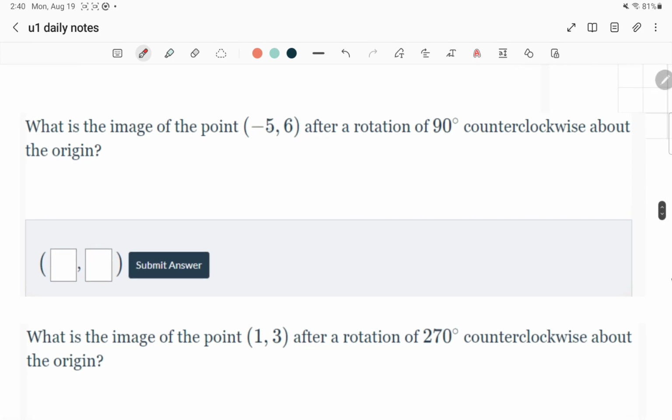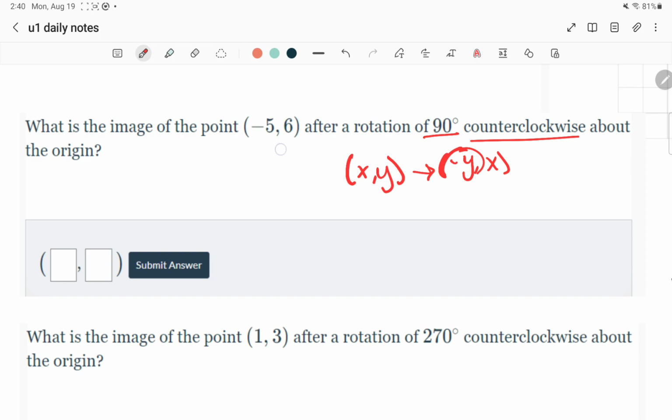So I'm being asked to rotate 90 degrees counterclockwise. According to what we wrote up there and papers that you'll have on Canvas, my rule for 90 degrees counterclockwise is negative y, x. So from our normal x comma y, that means I switched the letters and it looks like I'm switching the sign on the y.